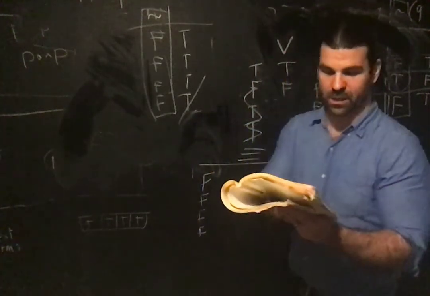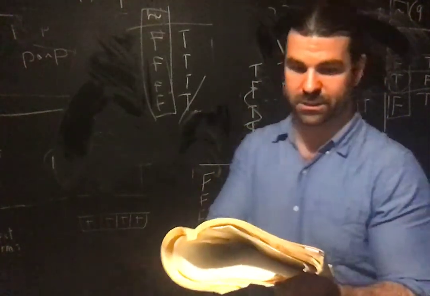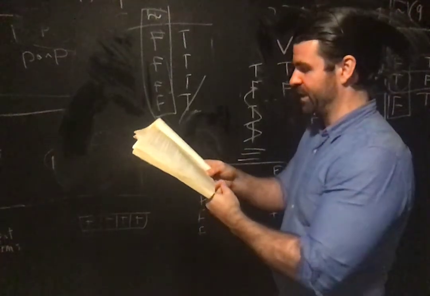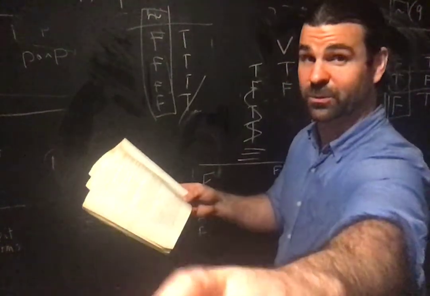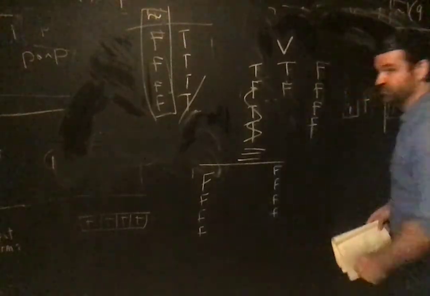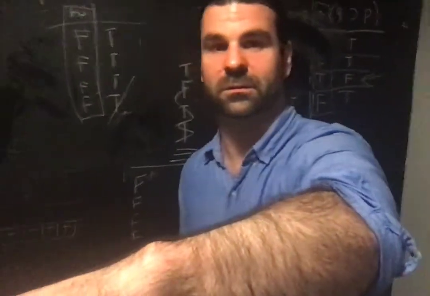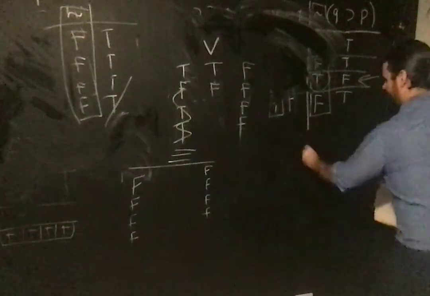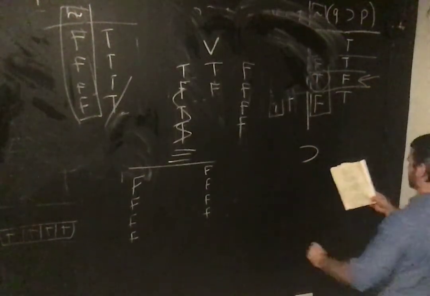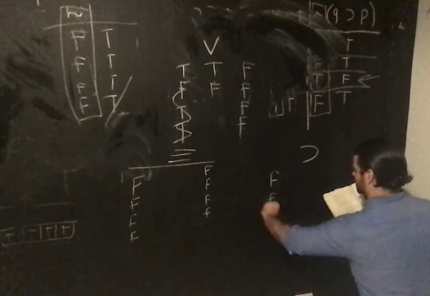Okay, and finally, that was G. Finally, H, what is a conditional with a contradiction for an antecedent and a contingent form for a consequent? Think of it like this. A conditional with a contradiction for an antecedent: false, false, false, false.